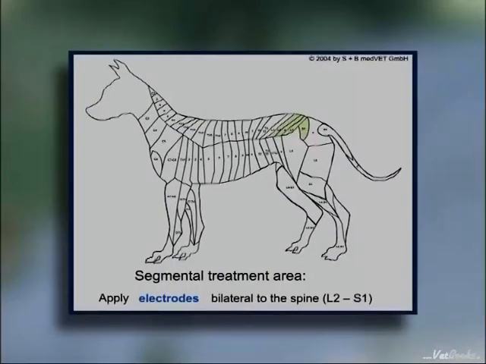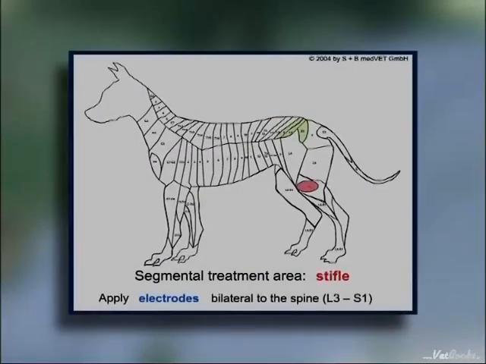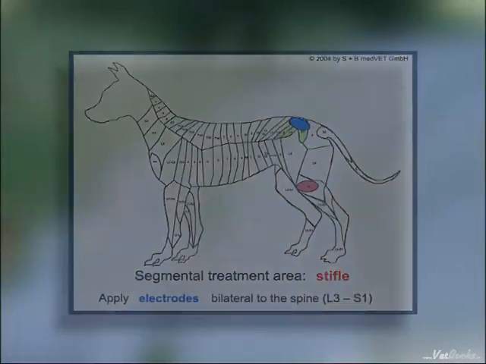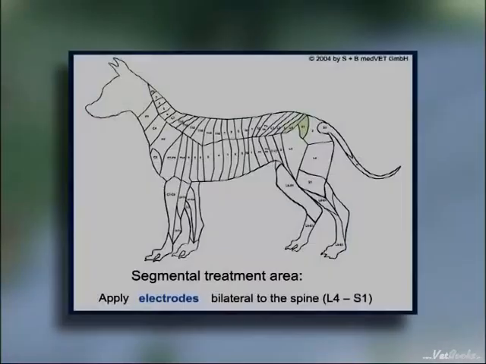Segmental electrode position for the treatment of the hip, L2 to S1. The stifle, L3 to S1. The hock, L4 to S1.